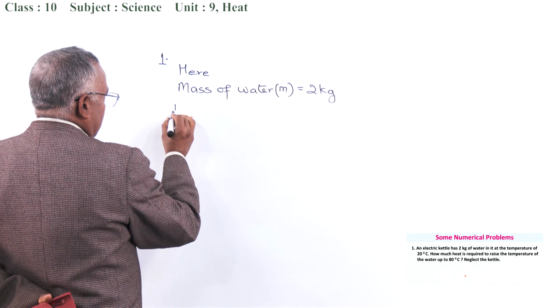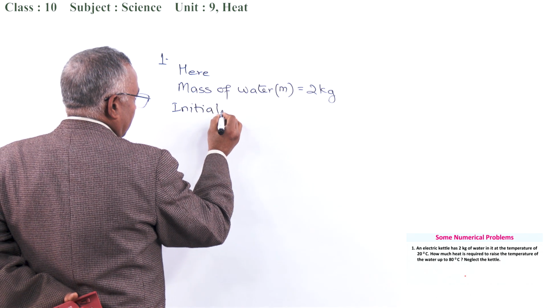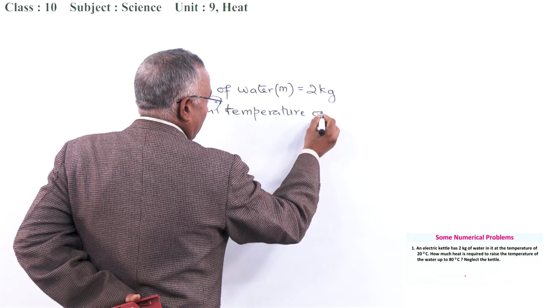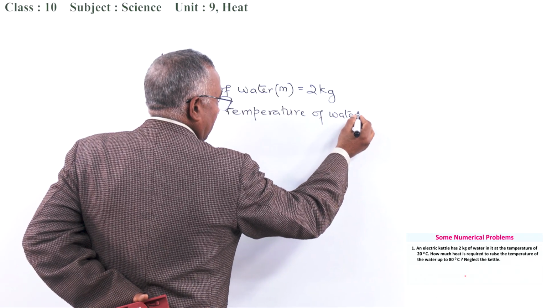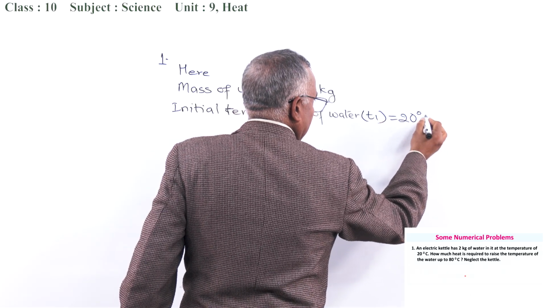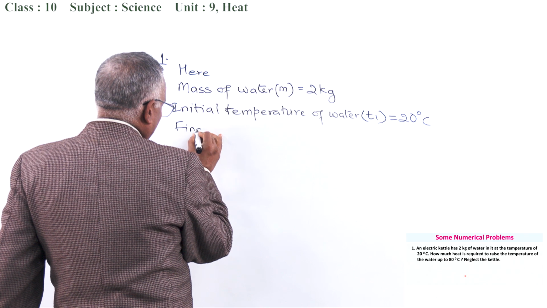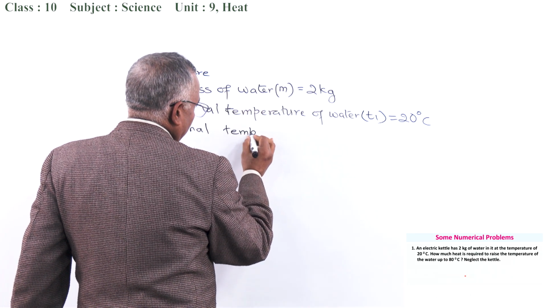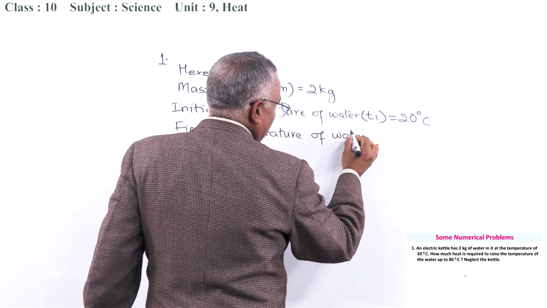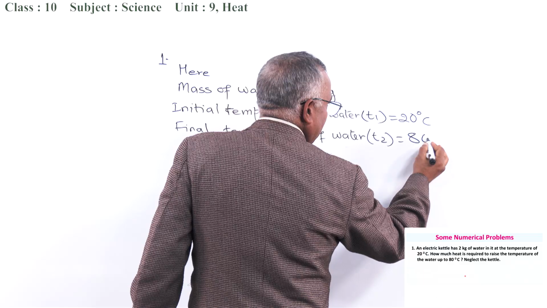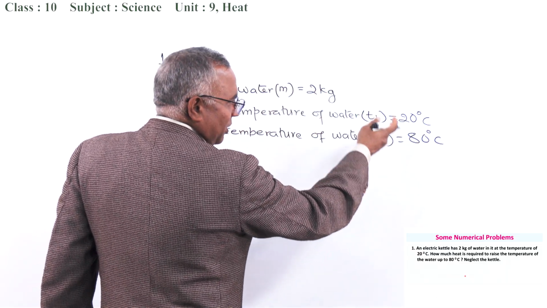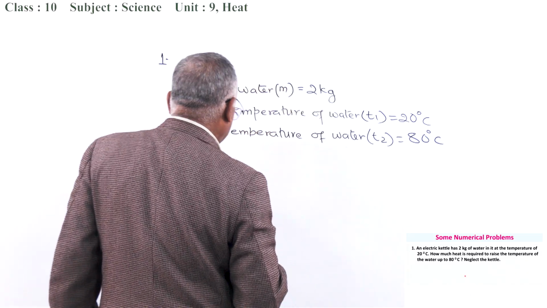The initial temperature of water, that is T1, is how much? 20 degrees Celsius. And the final temperature of water, T2, is 80 degrees Celsius. So here you can find the change in temperature, very simply: 80 minus 20, that is 60 degrees Celsius.